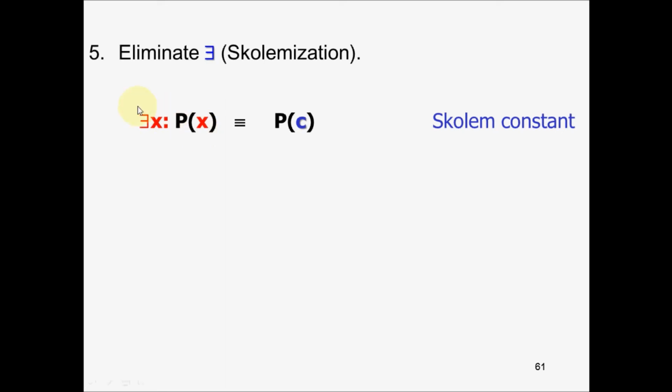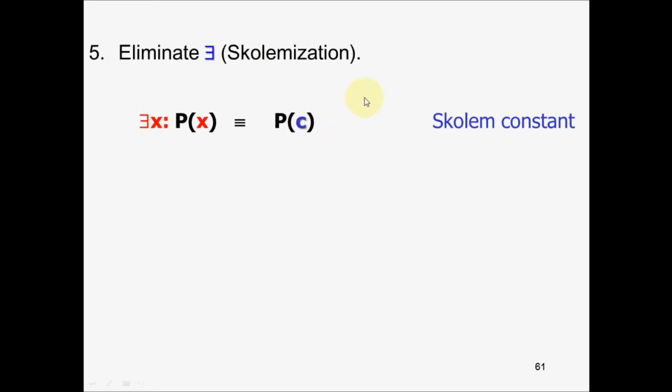Okay, now when I say there exists some x, if you already know some of the values of x, if in the knowledge base your system knows some values that x can take, you can simply substitute that value c here in place of x, and you can eliminate the existential quantifier.